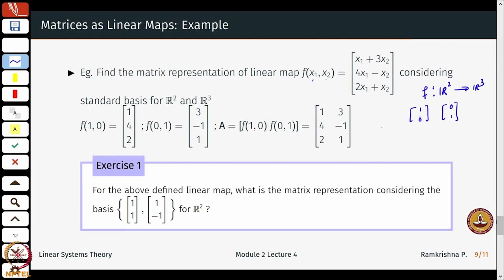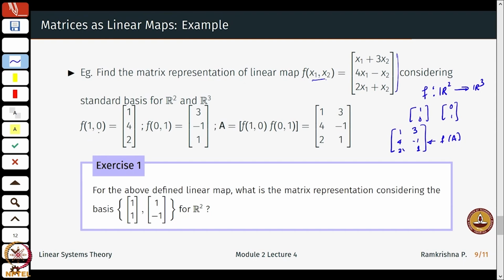Okay. Now, what is the matrix representation of this? The matrix representation of this is simply 1 3, 4 minus 1, 2 1 here. Okay. So, this is the transformation f or the corresponding matrix A, which takes elements in R2 and gives me a vector in R3.